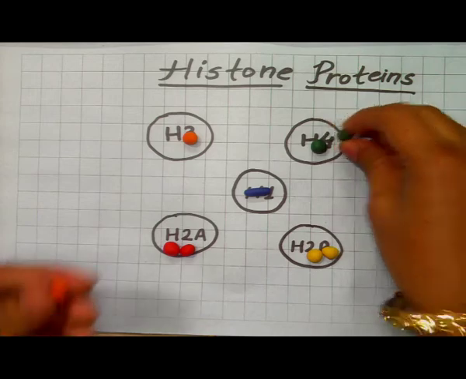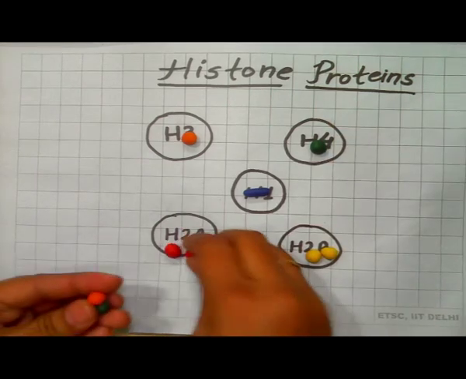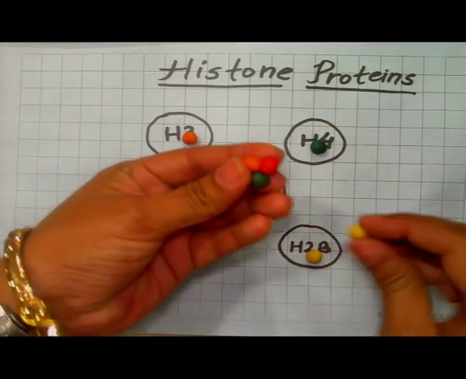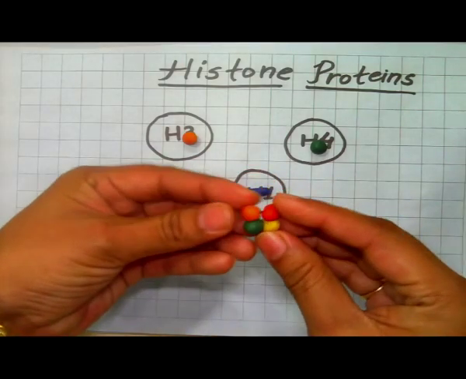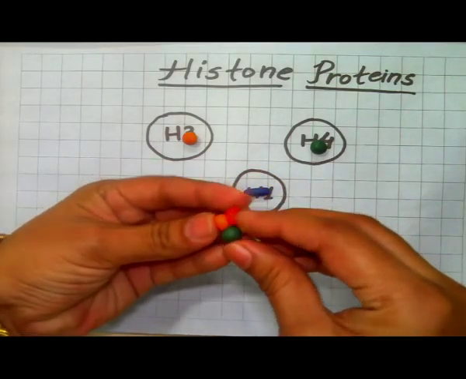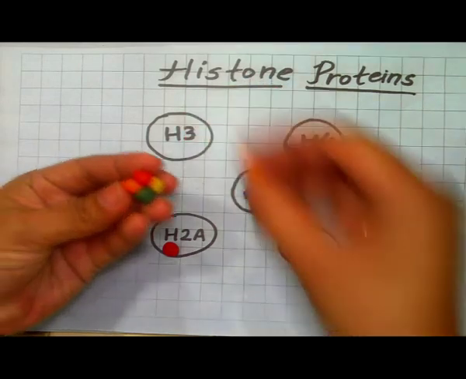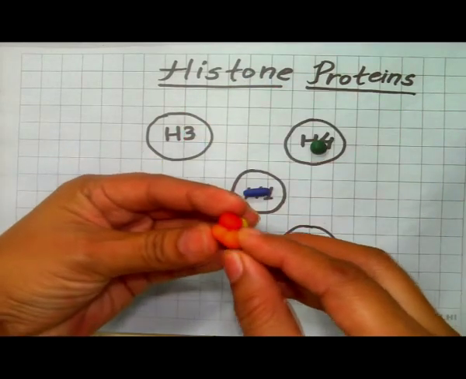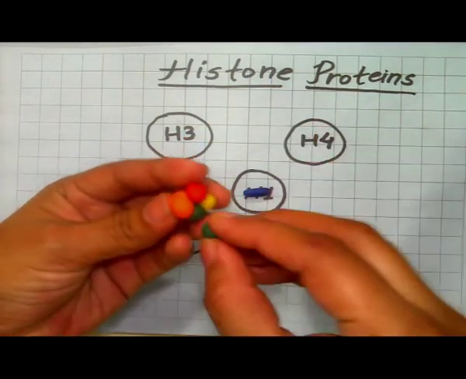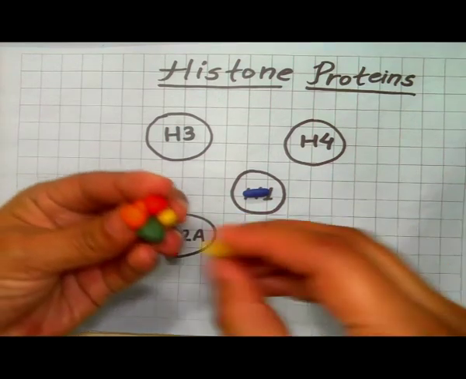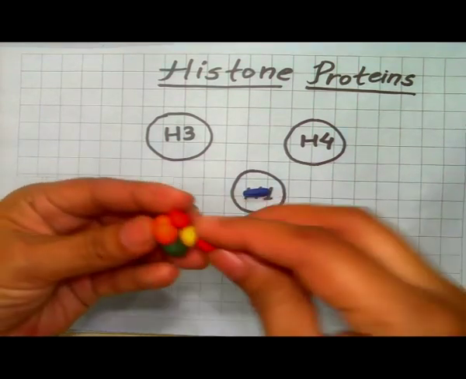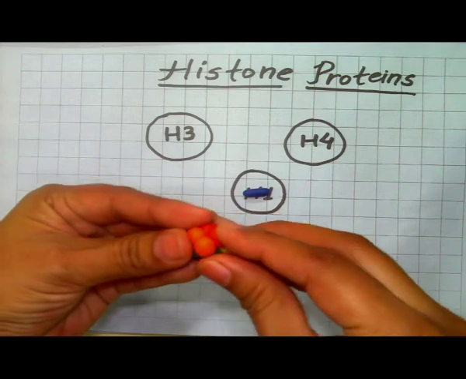H3, H4, H2A and H2B will combine to form a tetramer, and again a second molecule of the same protein will combine to form a histone octamer.